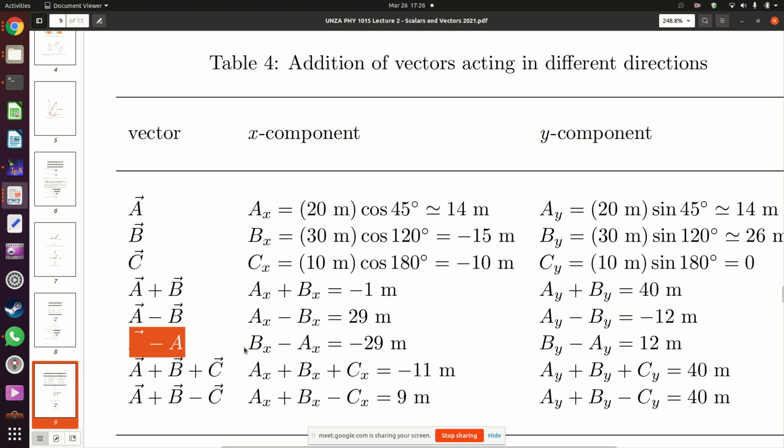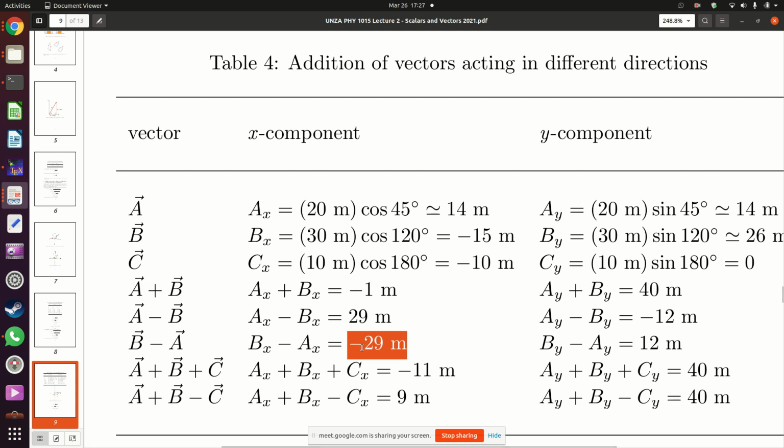So B minus A along the x-axis is BX minus AX. BX is minus 15 meters, then minus AX, which is 14 meters. So we have got minus 15 meters minus 14 meters, and that gives us minus 29 meters.